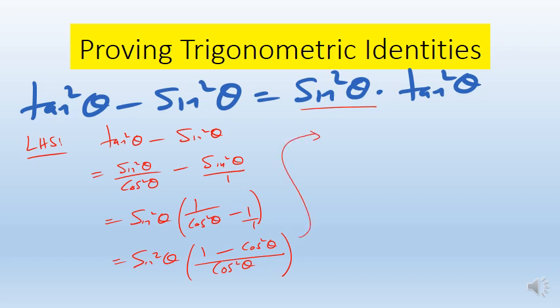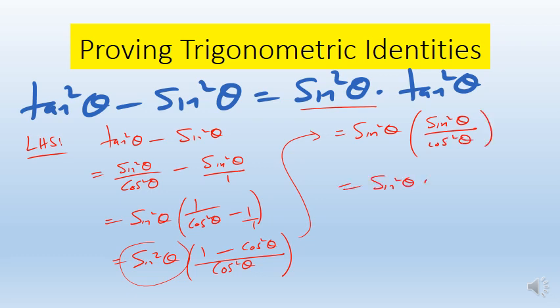Not really, because that's the sine squared theta. 1 minus cos squared theta, by the way, is nothing more than sine squared theta, over cos squared theta. And have a look at this. What is sine squared over cos squared? It's tan squared theta, which is now equal to the right hand side. Whoa, done. QED, quite easily done.